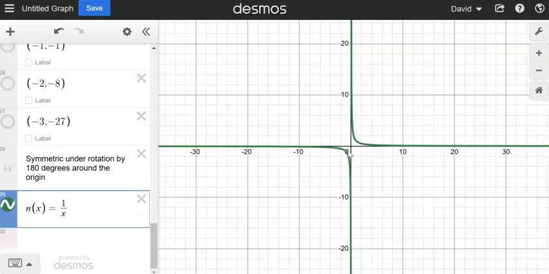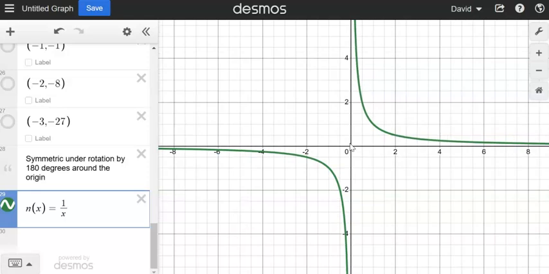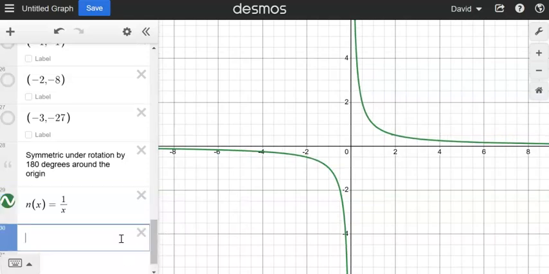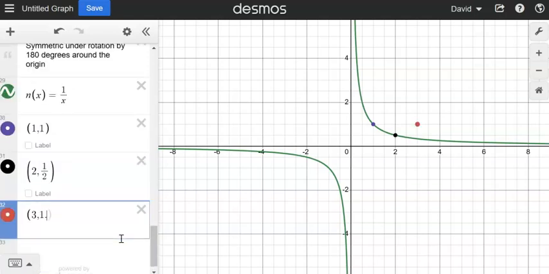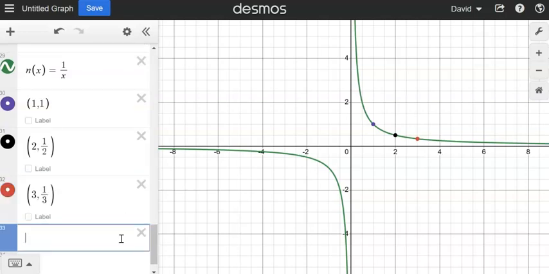That's kind of funky. This guy, let's check what's going on with this one. So 1, 1. 2, what's 1 over 2? It's 1/2. Okay, looks like it's good. Oops, that's not good. 3, 1/3. Okay, cool. Sorry, getting confused about the parentheses here. How about minus 1? Well, 1 over minus 1 is minus 1.